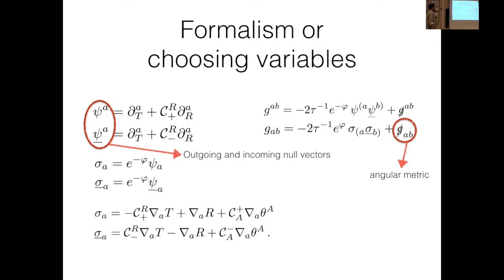From those vector fields, we can define covector fields, sigma and sigma bar, and we multiply them with this factor here that is fixed by the requirement that the r components of the sigma and sigma bar are plus and minus 1 respectively. Of course, there's a lot of freedom in this, right?